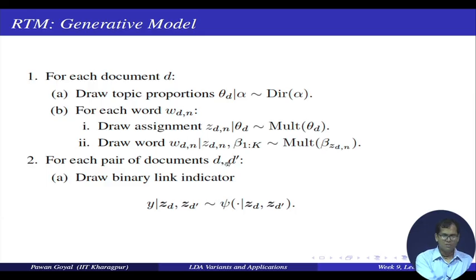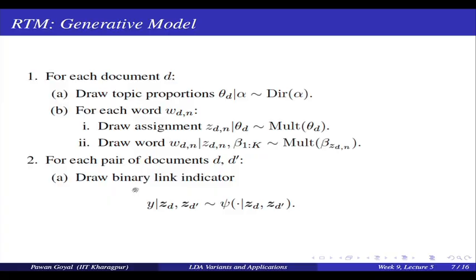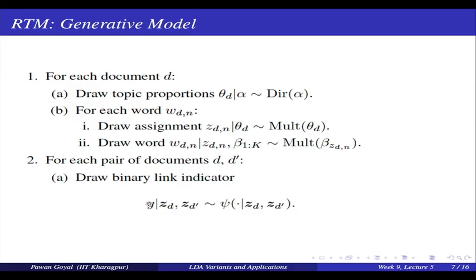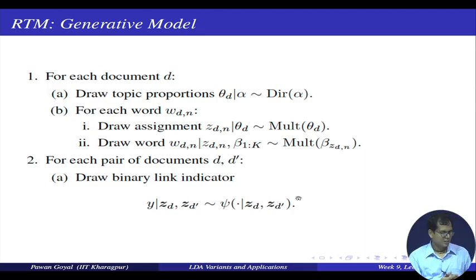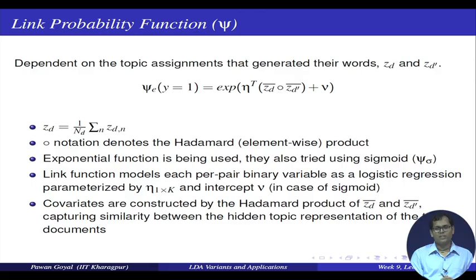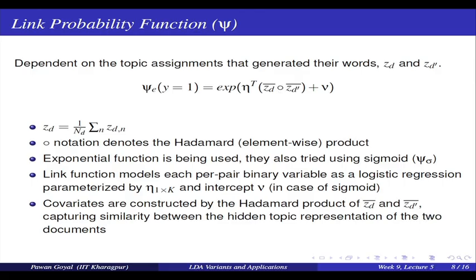Okay. Now, for the relational part, for each pair of documents D and D prime, what you are doing? You are trying to sample the variable y, whether they will link or not, and this depends on their Z_D and Z_D prime. And what is the function? It is a psi of y given Z_D and Z_D prime, and this is modeled like this. This is an exponential function over eta transpose times a Hadamard product of Z_D bar and Z_D prime bar. Now, what do I mean by that?